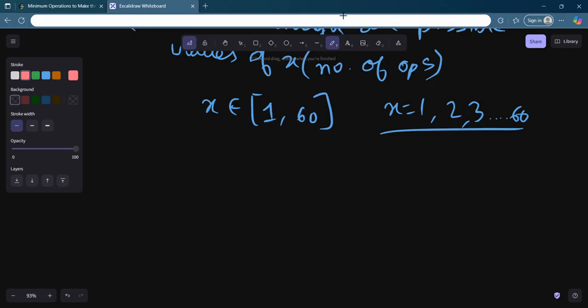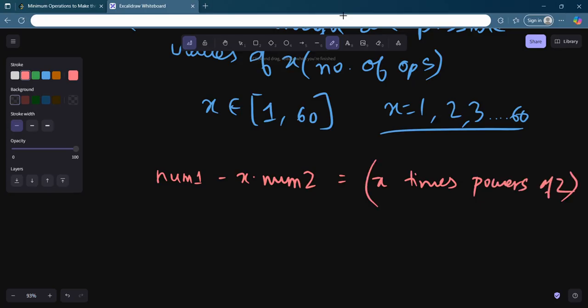What you can write now is something like num1 minus x times num2. This you can write as x times powers of 2. Now this whole number is some number n, right?